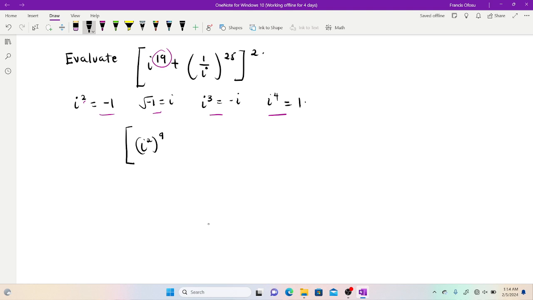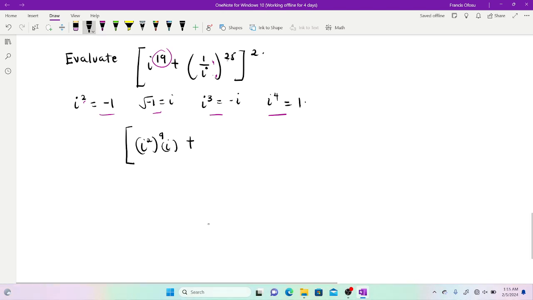When you multiply 2 by 9, we get 18. There will be a remainder of 1, and that will be i, attached here, plus, when you have 1 over i here, you want to find the power of 25 of this expression. So you take what you have up and down.